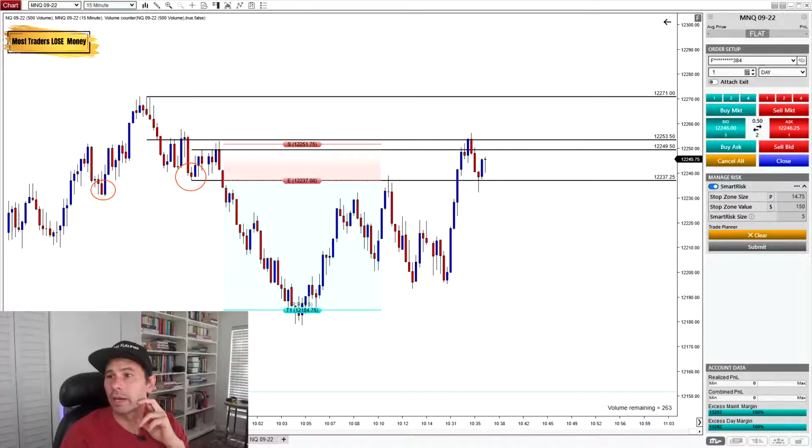I think the market might turn around, but it has to turn around first before I attempt another short. It's pretty sideways. We opened here, we went up, but it's still within the overnight trading range.